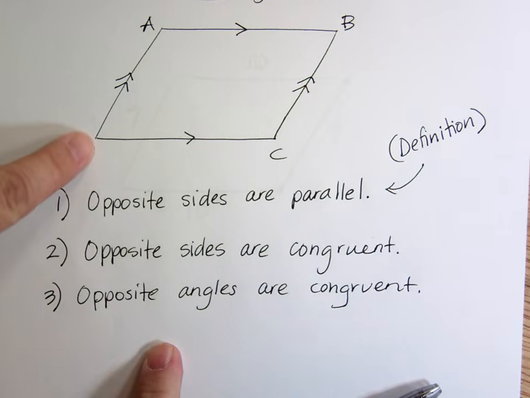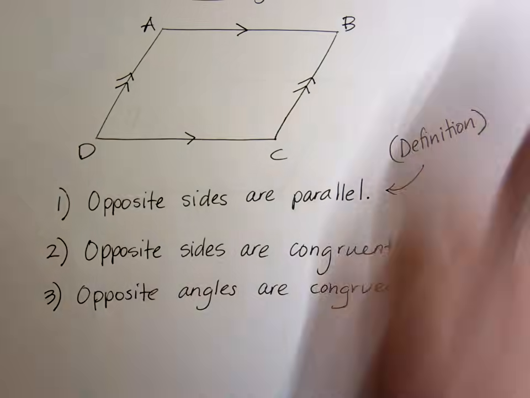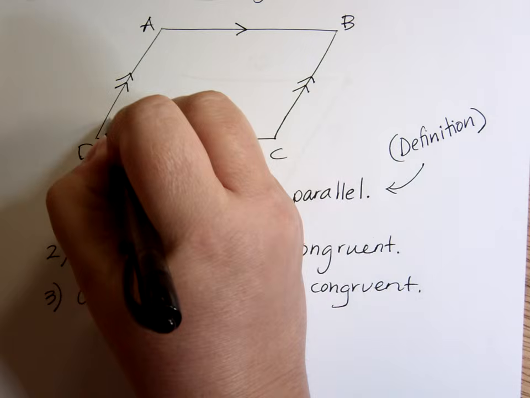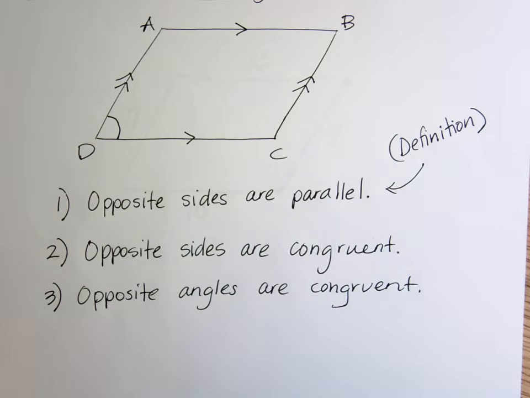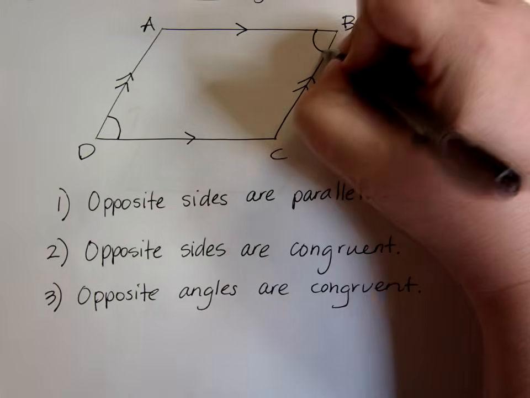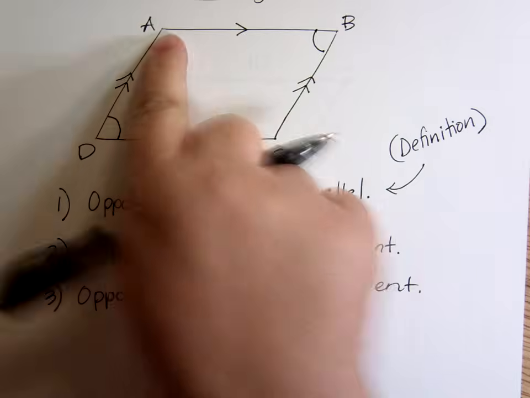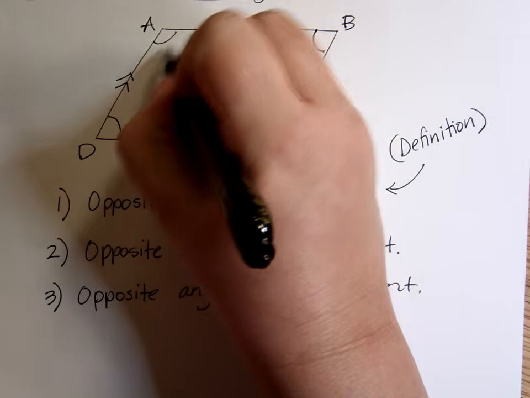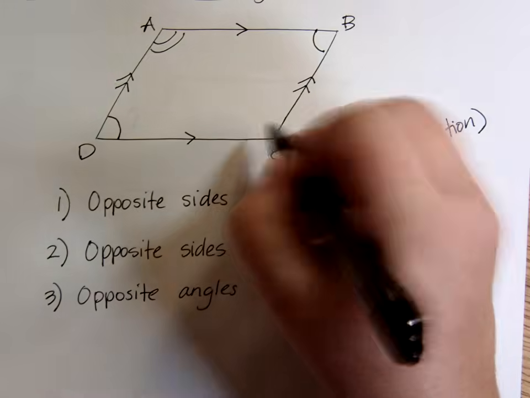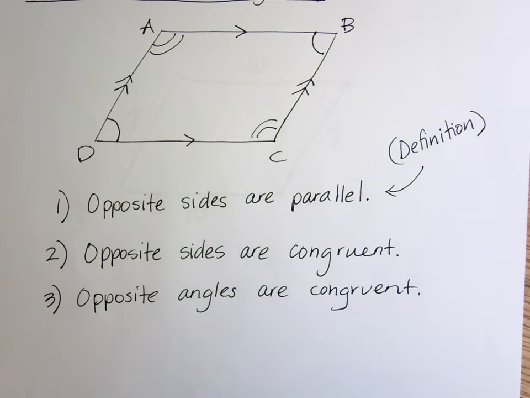Opposite angles would be the ones that are sort of diagonally across from each other. So this angle, angle ADC, would be congruent to this angle, angle ABC. Those 2 angles are congruent. Likewise, angle A, angle C. Or we could call it DAB and DCB. So that's my opposite angles being congruent.